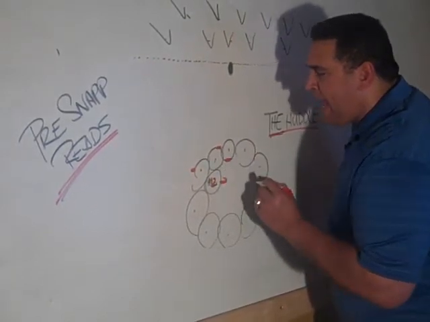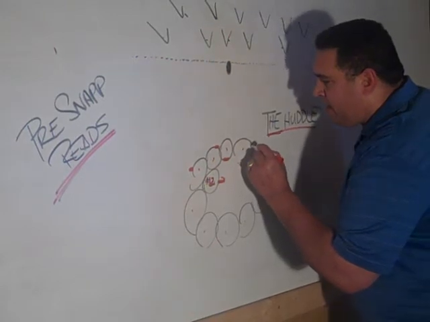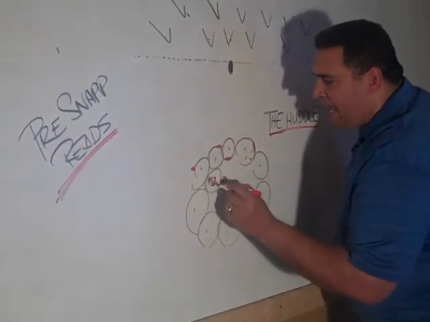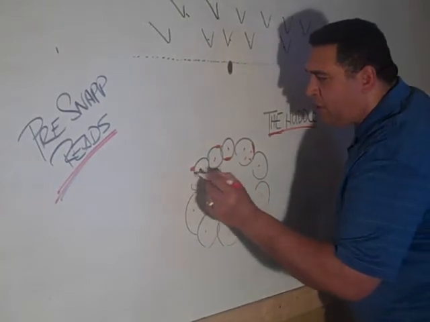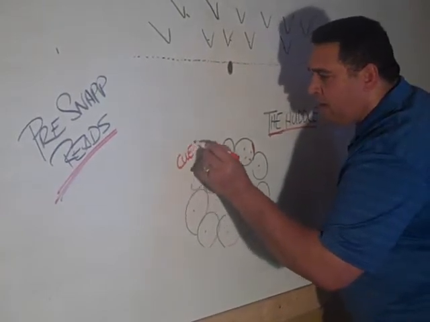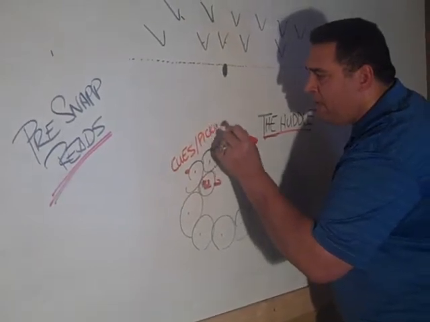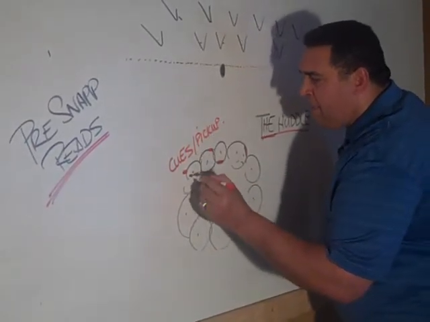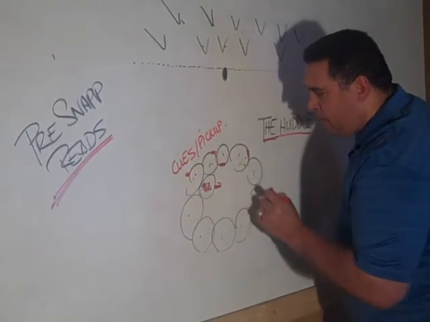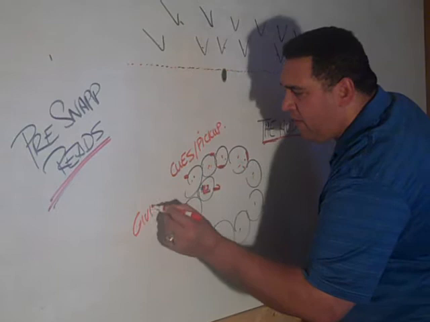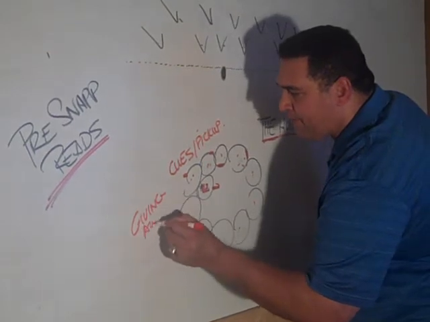They'll adjust their pads. They'll lean into the huddle. What I'm saying is there are certain cues that you can pick up that these ball players won't even realize they're giving away the play.